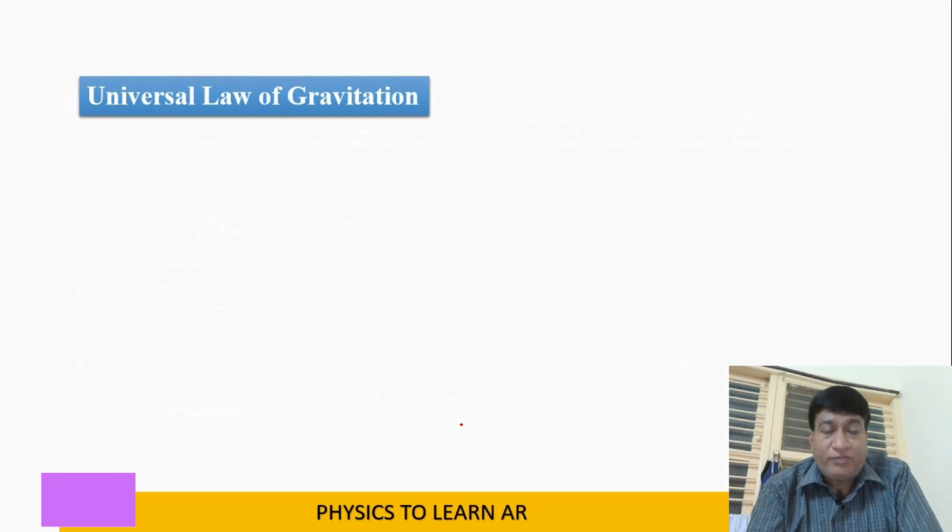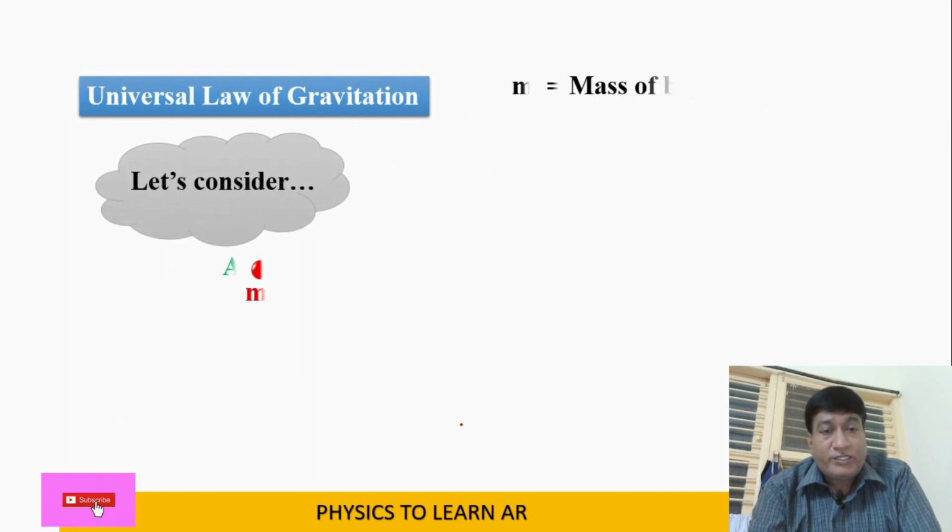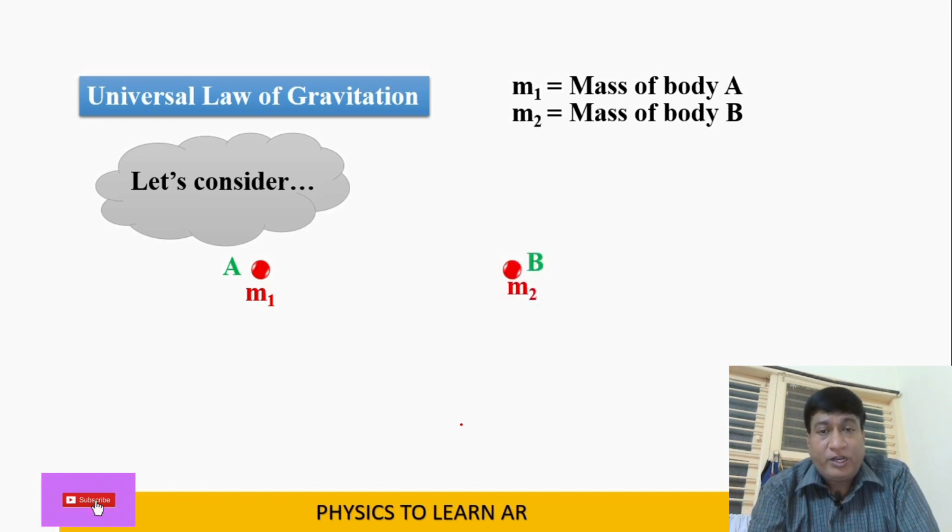Now we are going to discuss the universal law of gravitation. It is an important question for 3 marks. Let m1 be the mass of body A and m2 the mass of body B. Whenever we have two bodies of masses m1 and m2, between them we can observe a force of attraction.